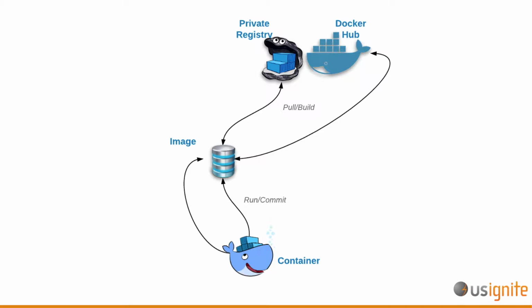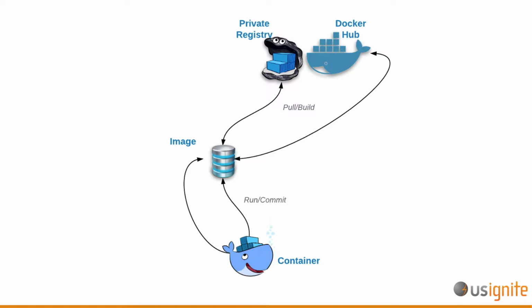Those images that are local to your operating system are pulled down from either a private registry or from Docker Hub somewhere. So you'll always start with some base image of some kind, and that might be just an Ubuntu image that comes from the official Docker Hub registry that you build up over time and commit to yourself, either back to Docker Hub or to your private registry, or it'll be some image that a partner or some community member has created that you're using.